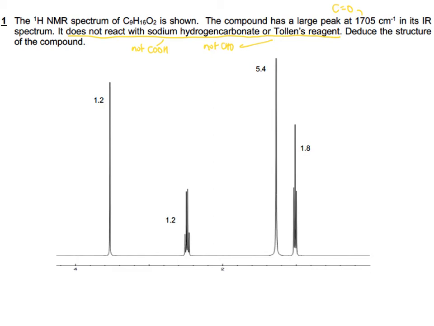What we're looking for is the highest common factor in all of these values. So what can we divide into all of these that will give us a whole number? So 0.6 divides into all of these.